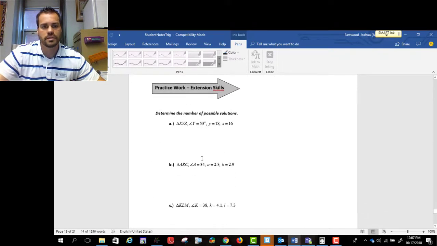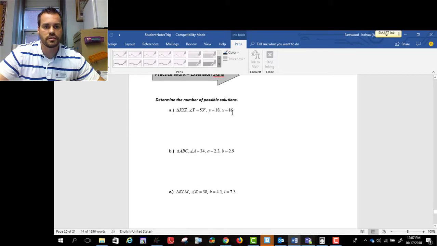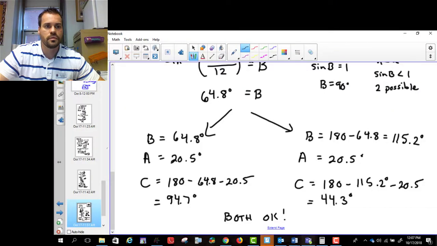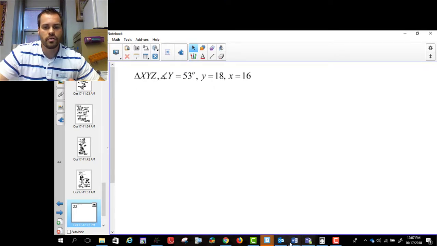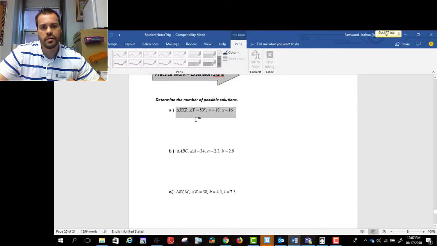Okay, so let's do a question here. And again, I'm just going to copy this over to my SMART Notebook so that you can see it. So we're going to paste this one in. And it says, if we look back at our notebook here, to determine the number of solutions.